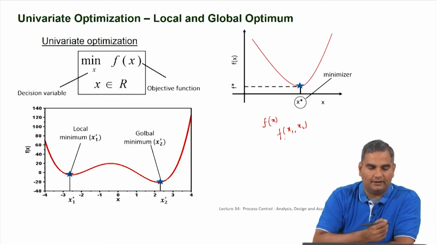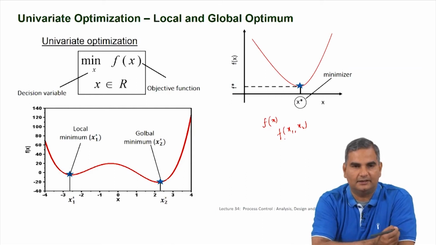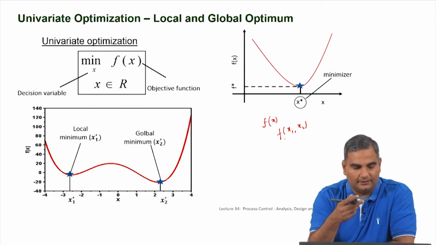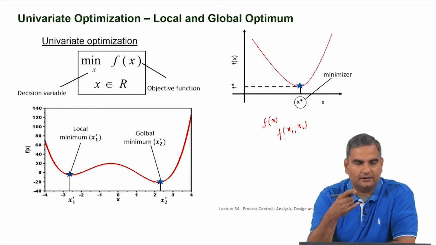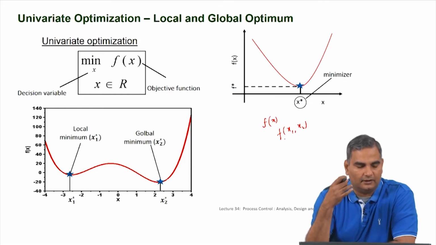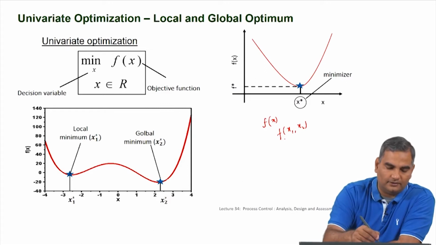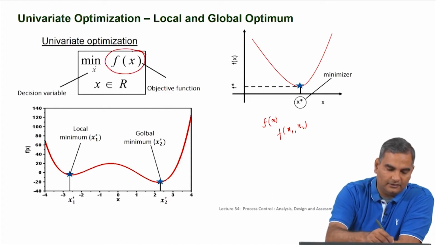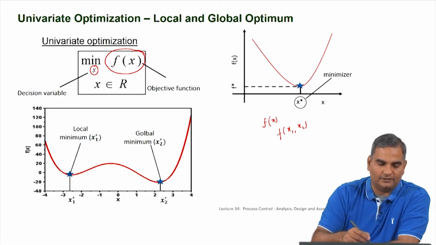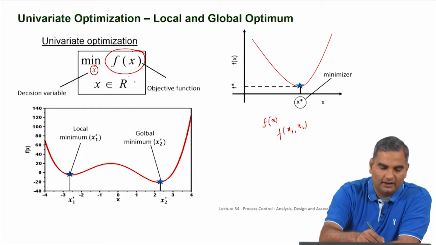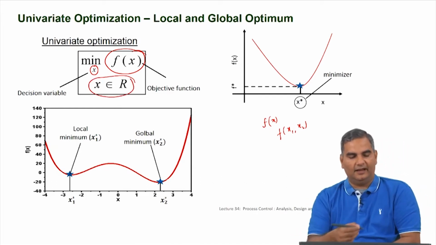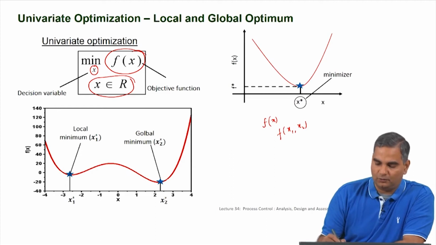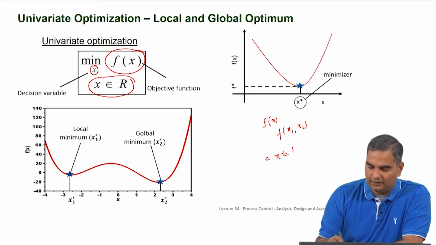When we write an optimization problem, you are going to have an objective function, decision variable and constraint. The way you write this is: this is your objective function and this is your decision variable. Typically you write min, and below that you write the decision variable, and you write the function here, and these are constraints. x element of real means x can take any value here, but in some cases you might say x is less than or equal to 1, or less than or equal to 0.